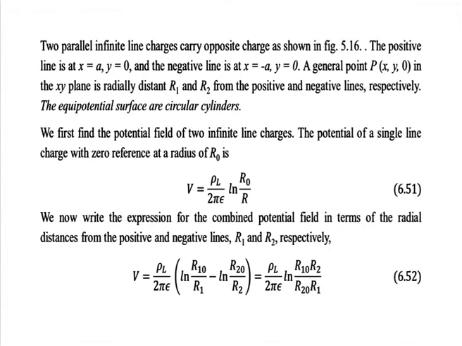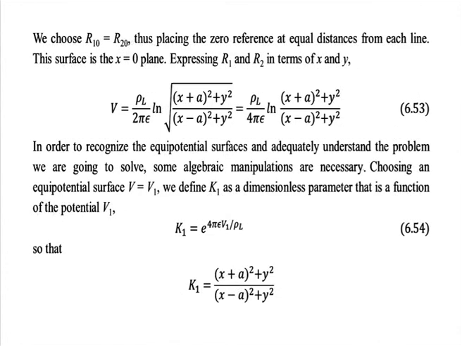This formula is then extended for the combined potential field in terms of the radial distances from the positive and negative lines, r1 and r2 respectively, given by equation 6.52. We choose r10 equal to r20, thus placing the zero reference at equal distance from each line. This surface is the x equal to 0 plane, that is, the yz plane.